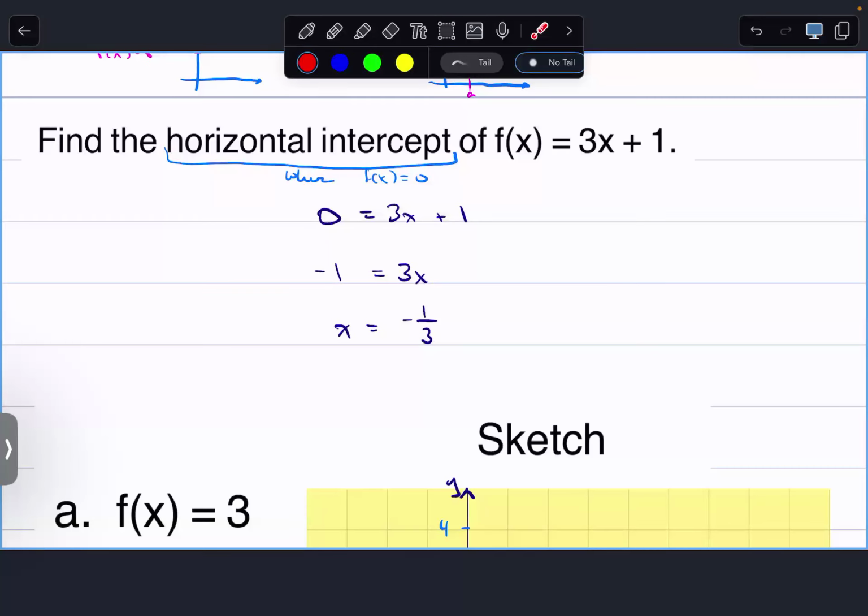So the horizontal intercept of that line is when x is -1 over 3, and the y output there has to be 0 because we forced it to be 0. So, -1 over 3, 0.